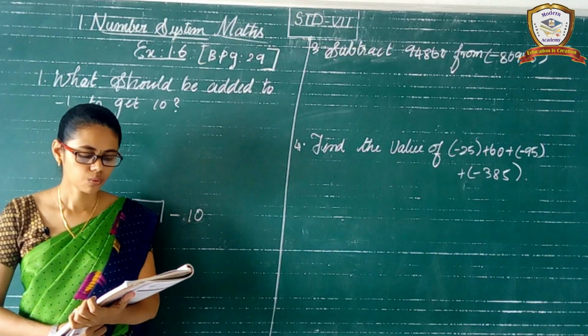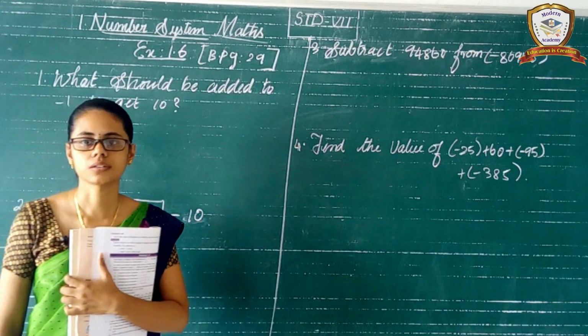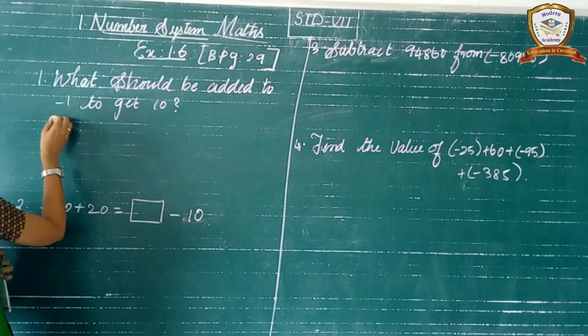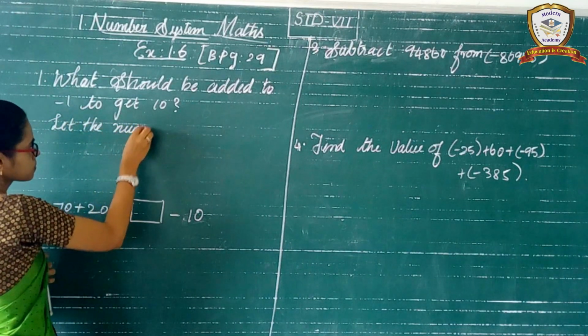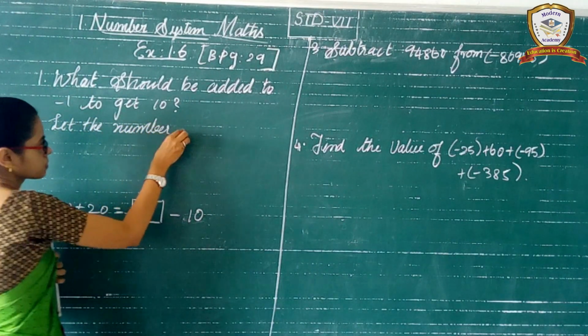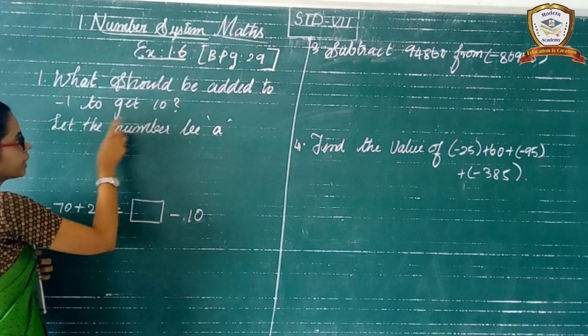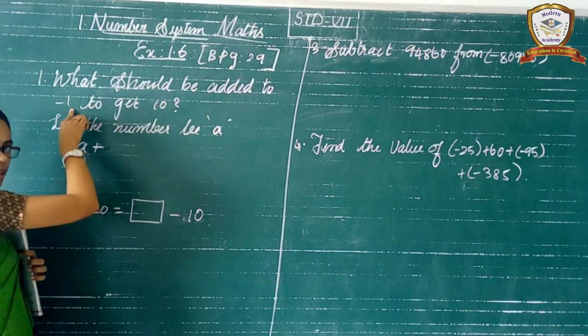See the first question. What should be added to minus 1 to get 10? Okay. So first we can consider, let the number be A. See, one number added, which means A plus added to minus 1.